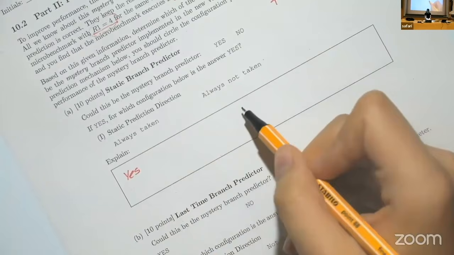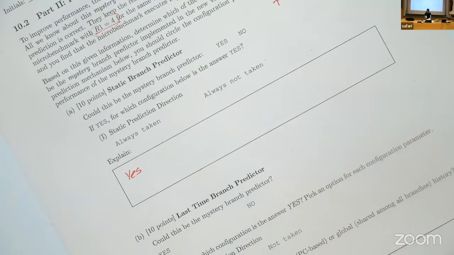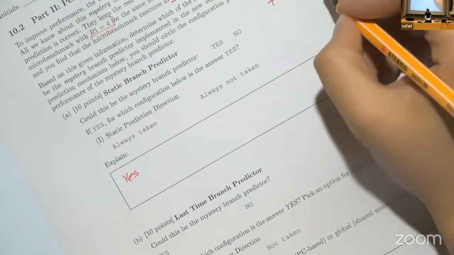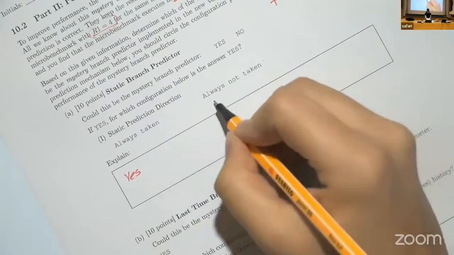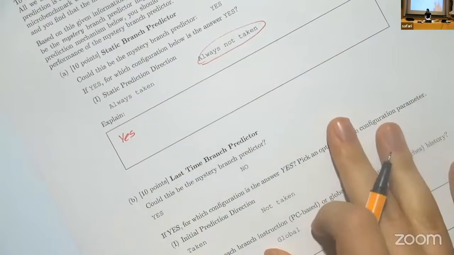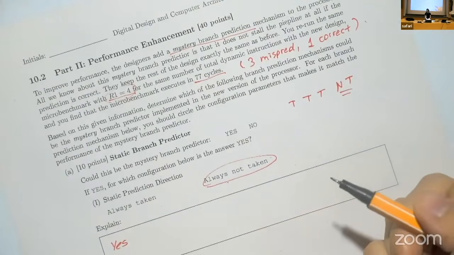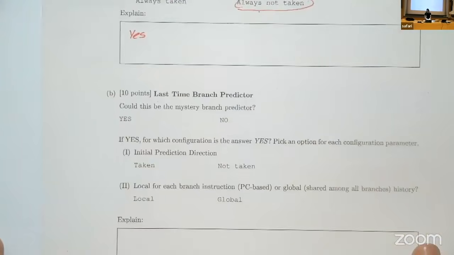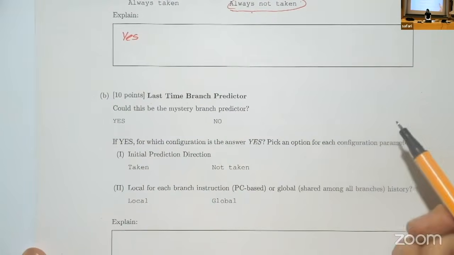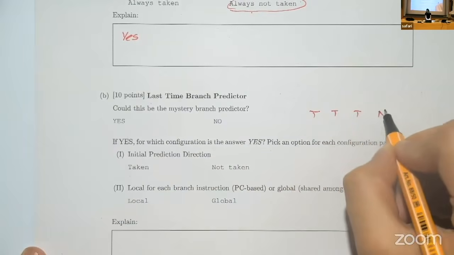And when we see, if we predict always not taken, we will have 1 correct prediction, right? So this one should give the same outcome. And for B, we have last time branch predictor, again, for the same outcomes.